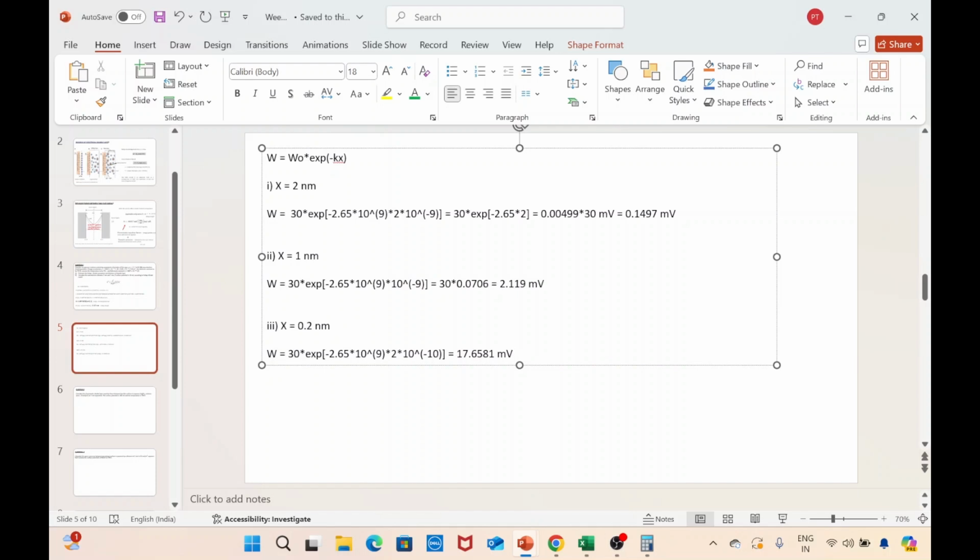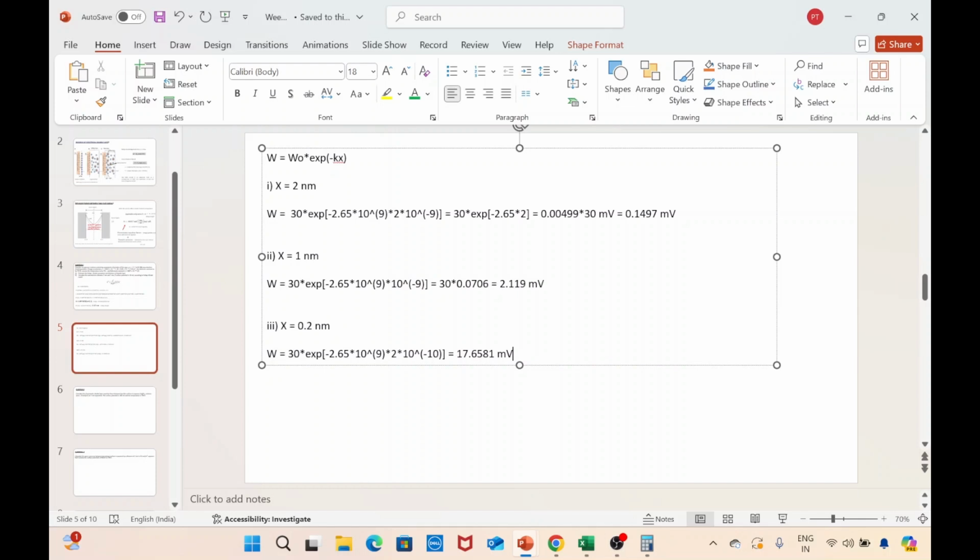So if you keep progressing further away from the surface, then the potential value will keep lowering, and after a considerable distance, the value will remain very less, like 0.00, some values will start to appear.